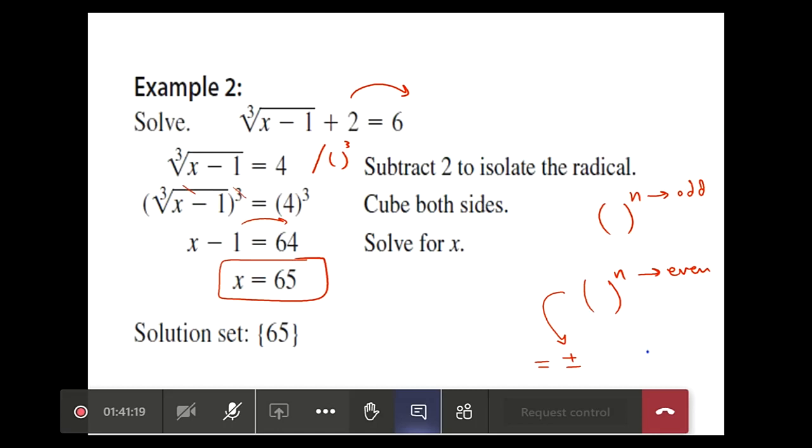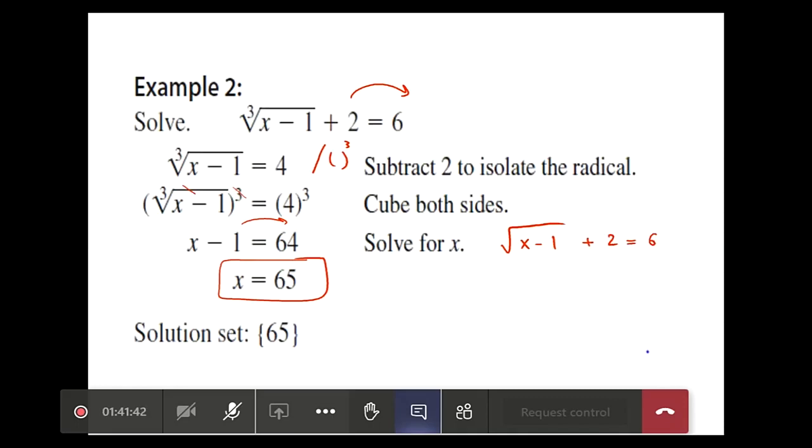In general, this is for when we need to find the radical for both sides. Look at this example: radical x minus 1 plus 2 equals negative 6.